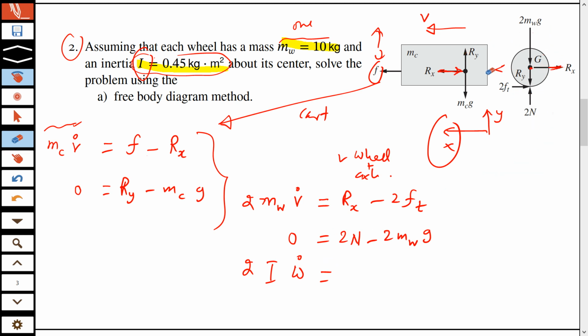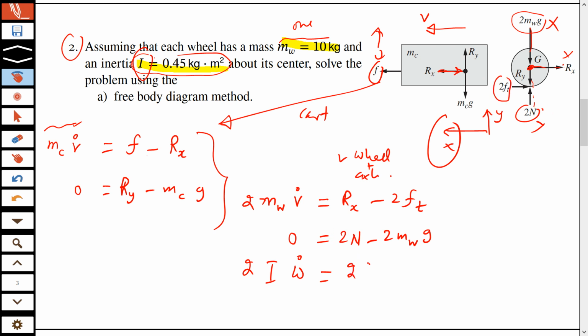Because this is about G, the moment of 2N is 0 because the line of action is crossing G. The line of action of this 2mwg is also crossing it, so it causes no moment. The line of action of Rx also crosses it. So these three forces cause no moment. Only this will produce the non-zero moment.